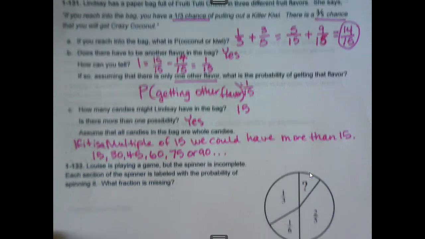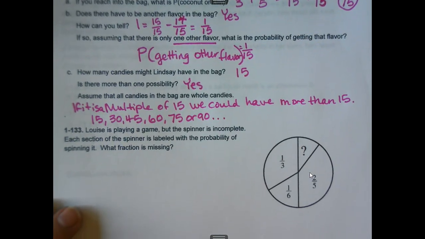So there's that one. And our last problem that I'm going to go over with you today is problem 1-133. A person named Louise is playing a game, but the spinner is incomplete. Each section of the spinner is labeled with a probability of spinning it. What fraction is missing?